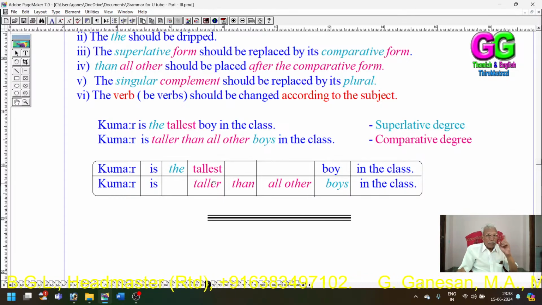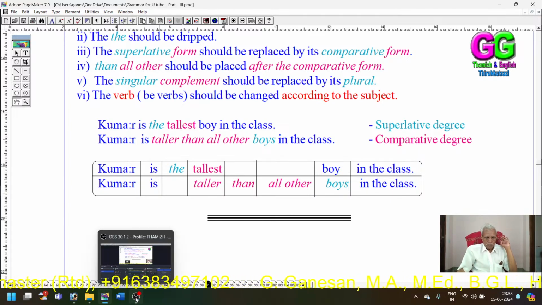Fifthly, the comparative form should be placed after it. Then all of them should be placed. And then the singular noun should be replaced by its plural. The other things should be kept as they are.